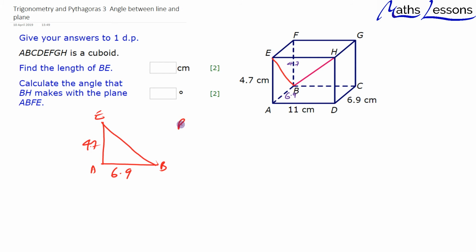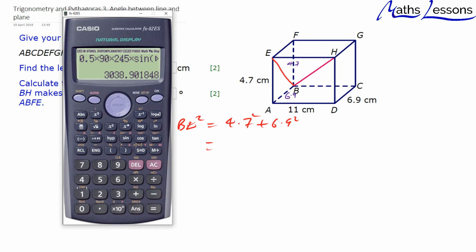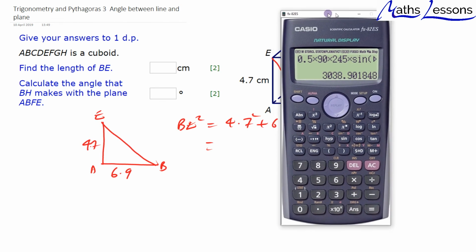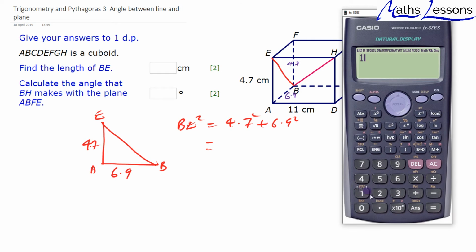So therefore BE squared will equal 4.7 squared plus 6.9 squared, which gives me, use a calculator, we go, cancel, 4.7 squared plus 6.9, not cubed, squared.